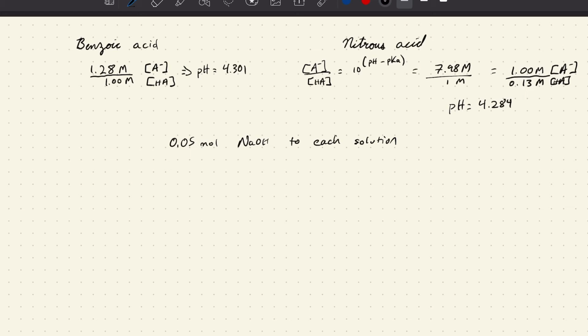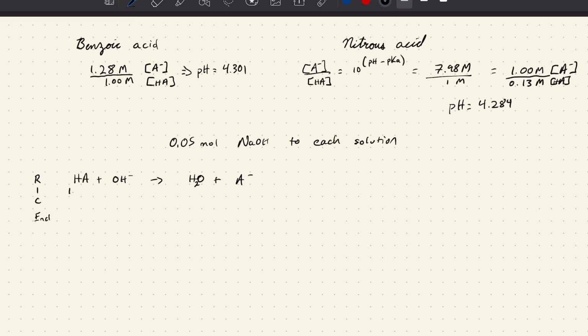So you're just adding a bunch of hydroxide ions, and the hydroxide ions are going to react stoichiometrically with the weak acid. So that's a RICE table for each, where the acid reacts with sodium hydroxide, the hydroxide ion, to make water plus the base, the conjugate base.